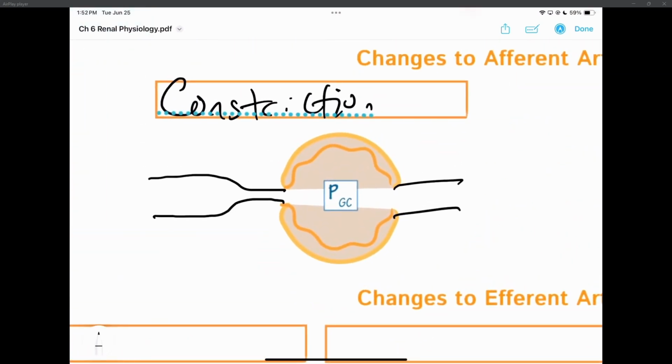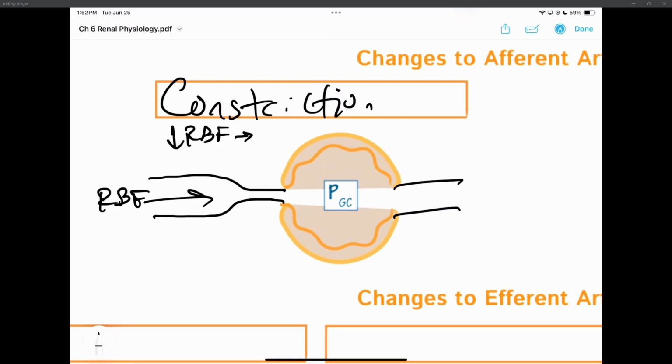With constriction, what's going to happen to the renal blood flow that's coming into this area? Decreased. Very good. We're going to decrease renal blood flow. If we're decreasing renal blood flow, what is going to happen to the hydrostatic pressure in that glomerular capillary?